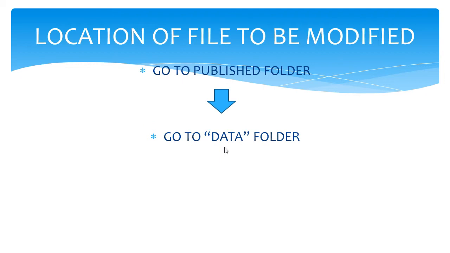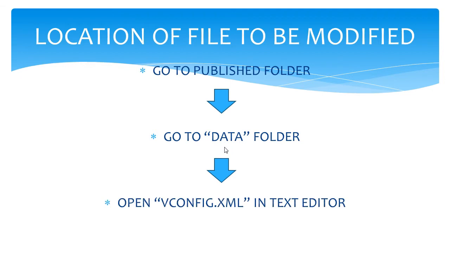Go inside the data folder and look for a specific file called vcconfig.xml. You can right click the file and open it with any text editor, or if you have an XML editor on your machine, you can open it. A simple Notepad will also do to open this XML file. So just right click on the file and open it.